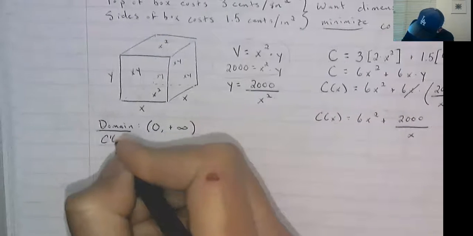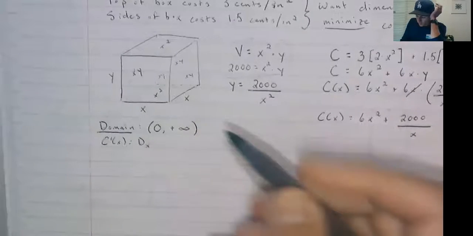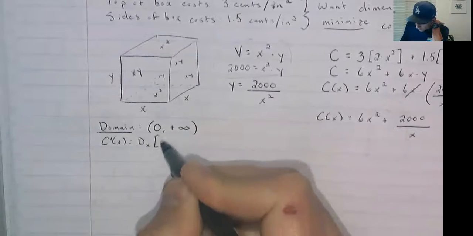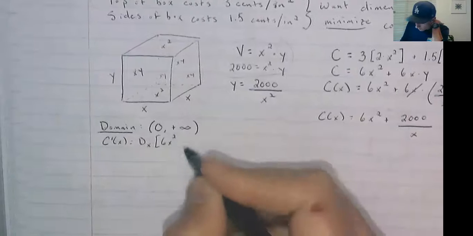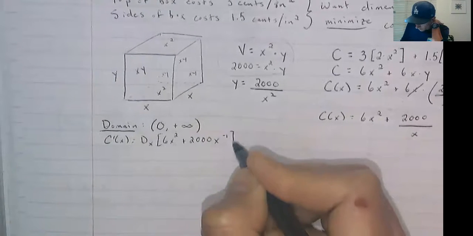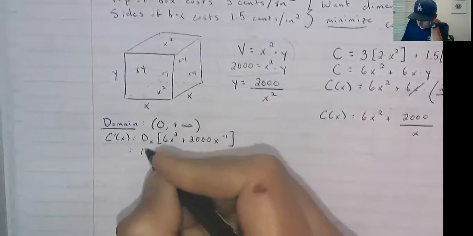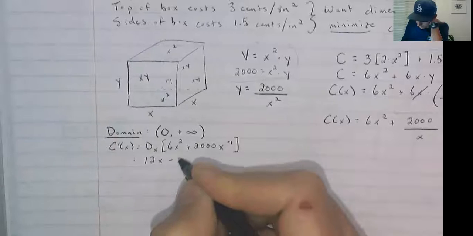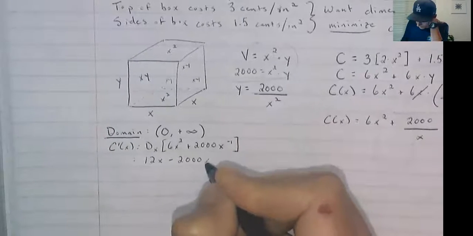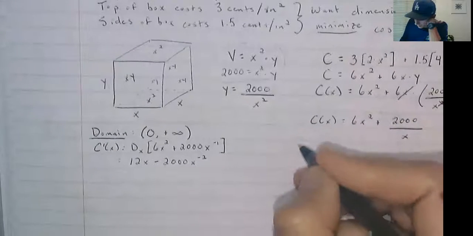C prime of x is going to be the derivative with respect to x of 6x squared plus 20,000 times x to the negative first, which is equal to 12x minus 20,000 times x to the negative second. Let's go ahead and do the second derivative as well.